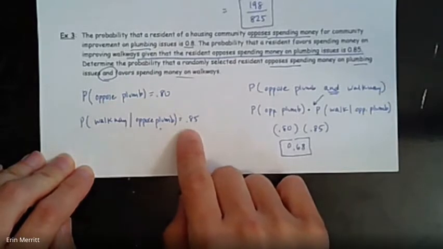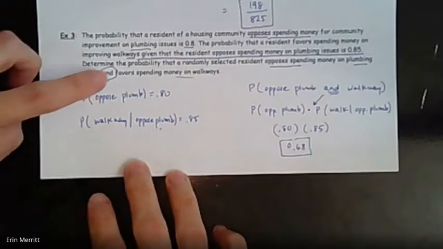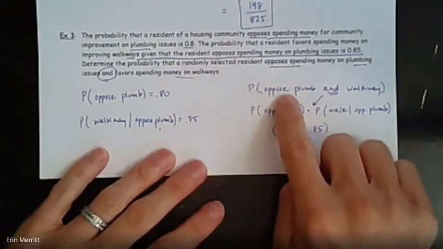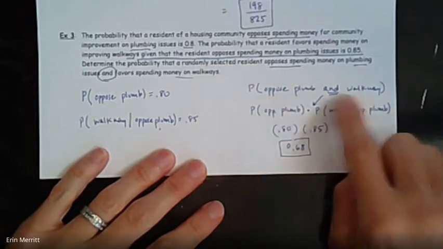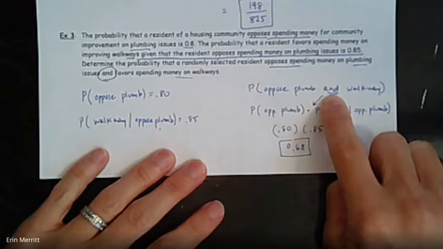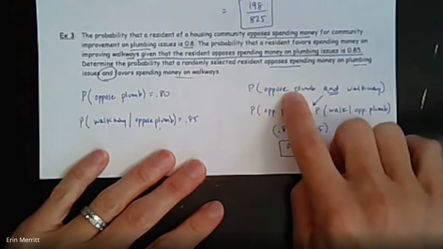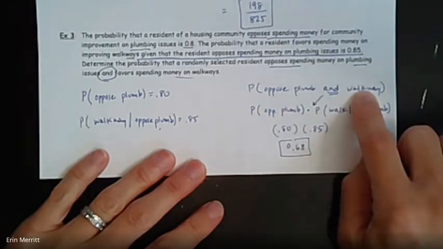Determine the probability that a randomly selected resident opposes spending money on plumbing and, keyword, favors spending money on walkways. So the probability that they oppose plumbing and they favor the walkways, and translates into multiply. Now, in this case, we would typically say just multiply the probability that they oppose plumbing times the probability that they favor the walkway.